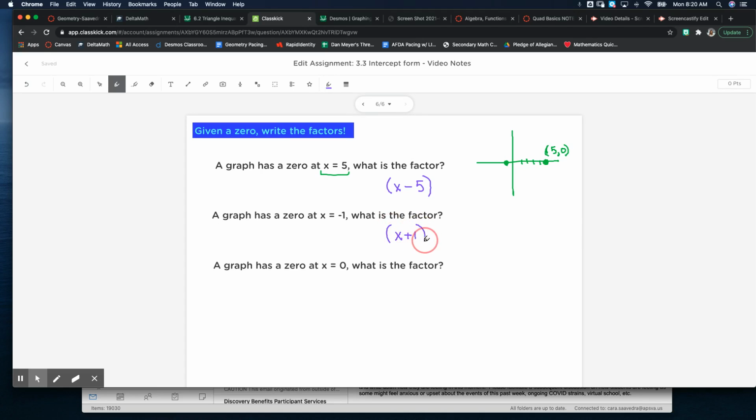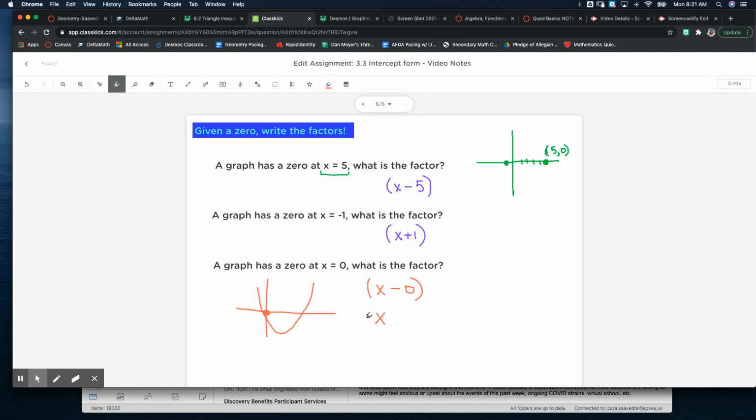Remember this big idea from vertex: anything in with the x, you change the sign. And then the zero always throws people slightly. If I have a parabola that crosses at 0, we still have to have a factored form for it. So maybe to start with, you want to write x minus 0 just to help you realize that x minus 0 is just an x.